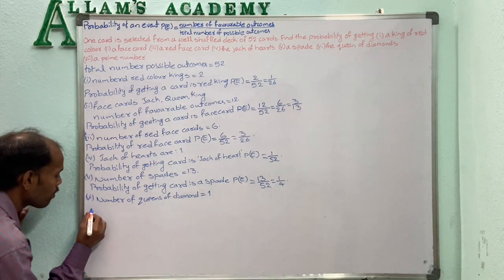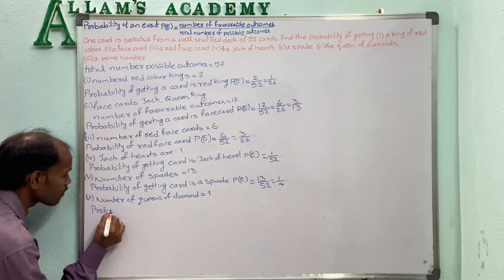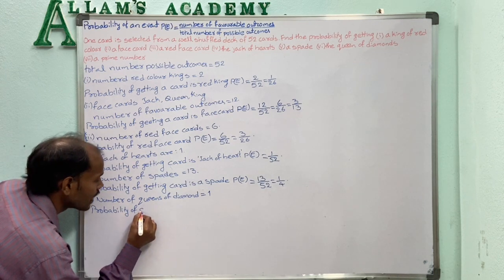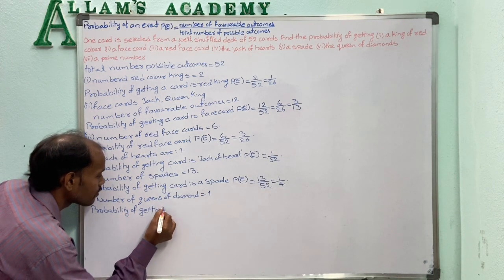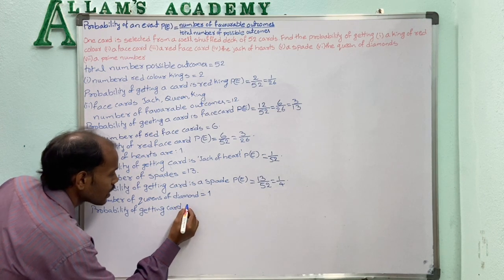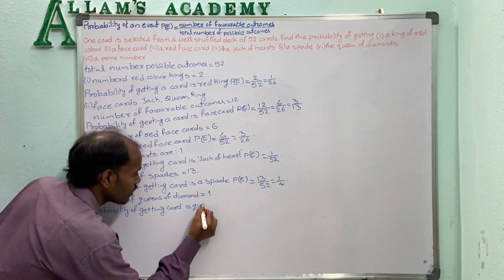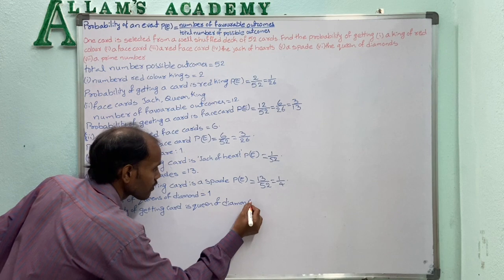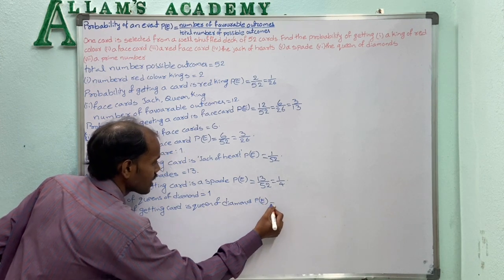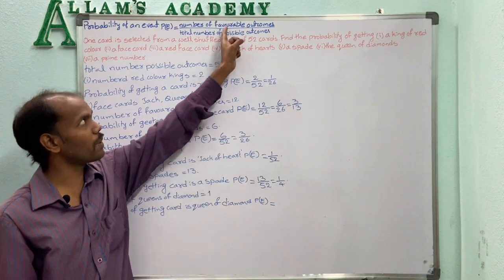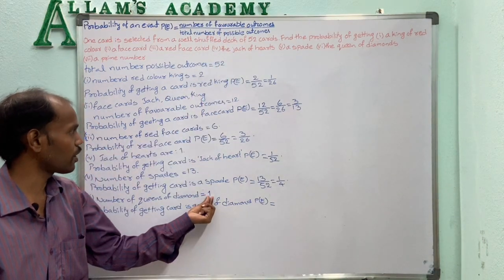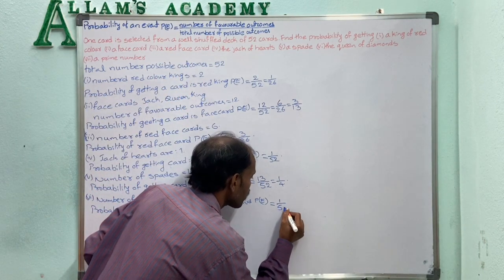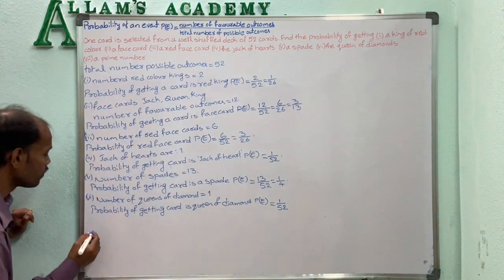The probability of getting the queen of diamonds: P of E is equal to number of favorable outcomes by total number of possible outcomes. The favorable outcome is 1 and the total number of possible outcomes is 52, so that is 1 by 52.